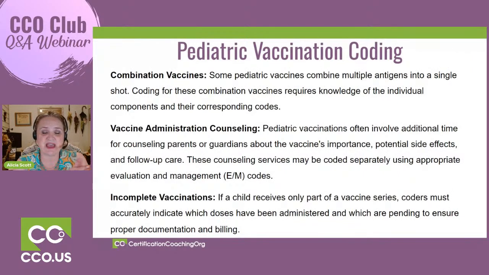Those combination vaccines, some of those will be multiple antigens in a single shot, or you'll have individual multiple shots on the same day that are combinations. Those require knowledge of the individual components as well as the codes that are associated to them. We don't just code for what's going into the body. We also code for the administration of the vaccination. So first the stick, then the substance.